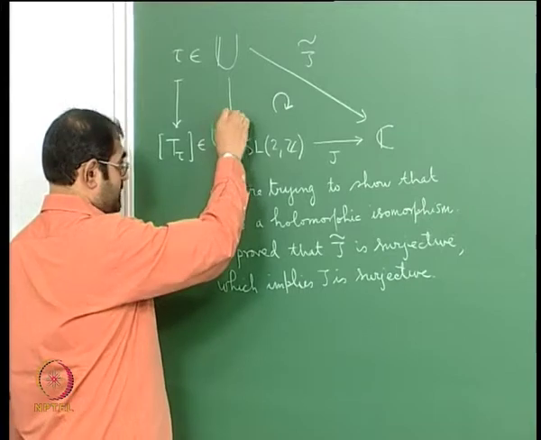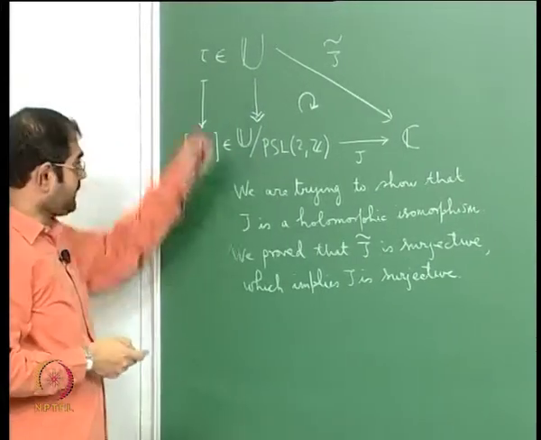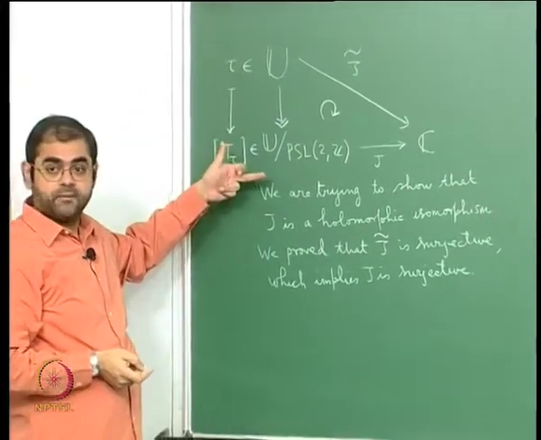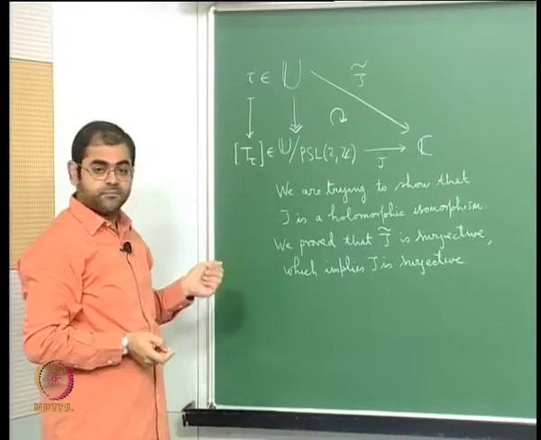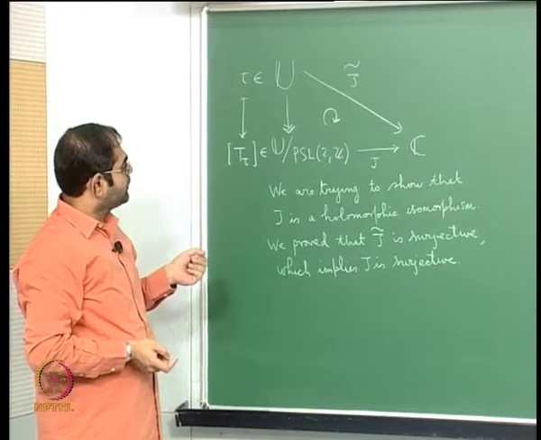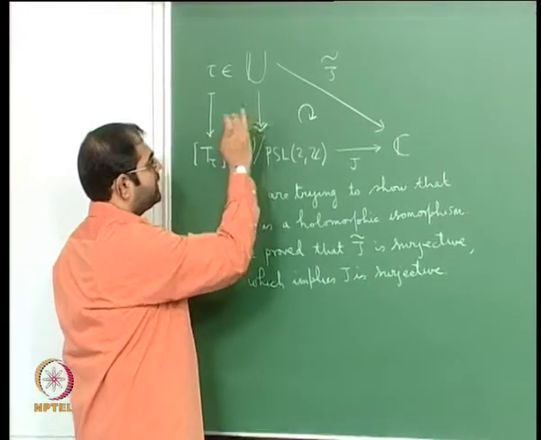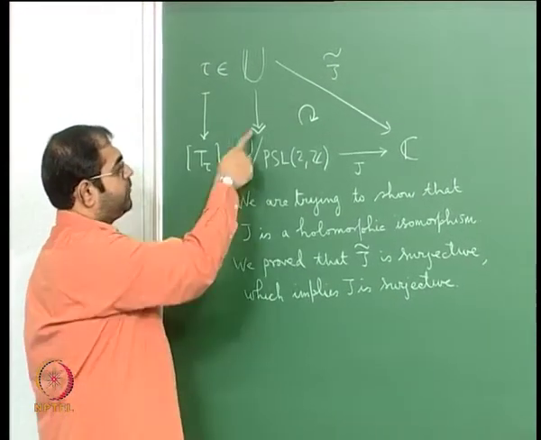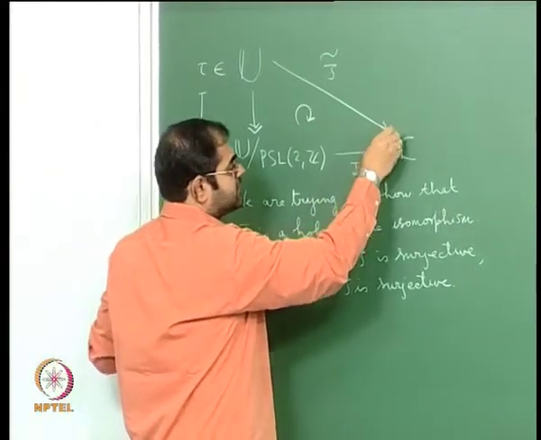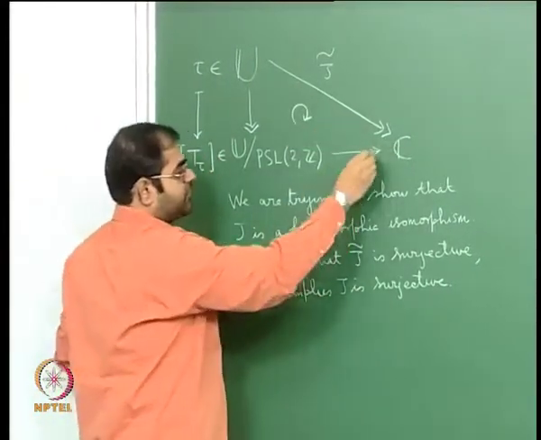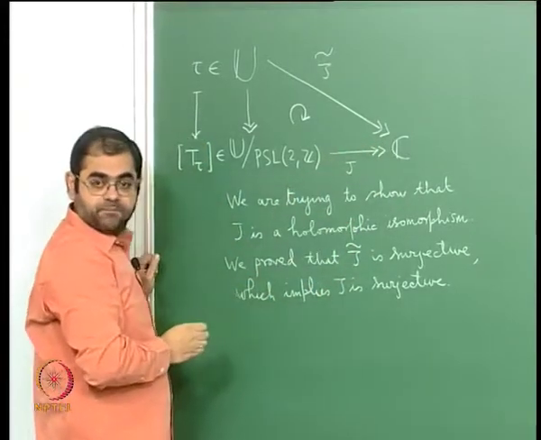That is because this is already a surjective map. This is just the quotient map, sending every point to its orbit. This is just the space of orbits, okay. So usually we put a double arrowhead to denote a surjective map, and I am saying that since J tilde is surjective, J is also surjective, okay.